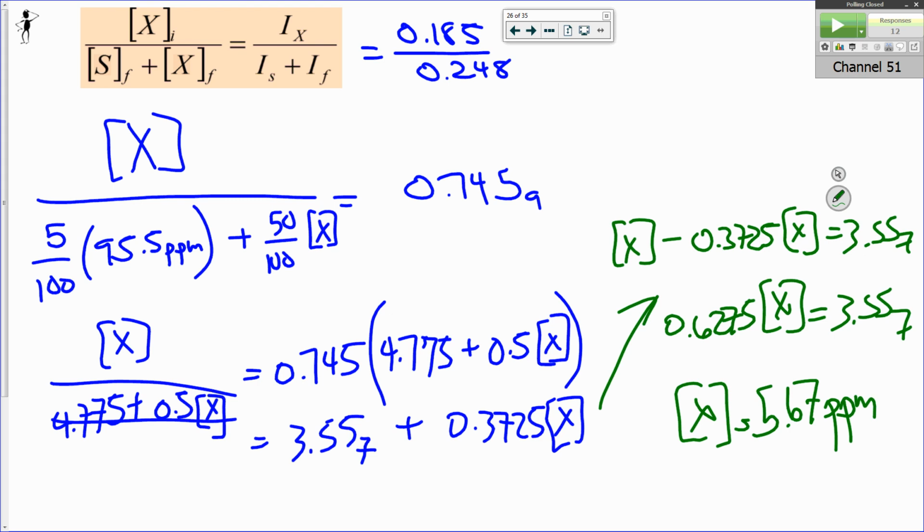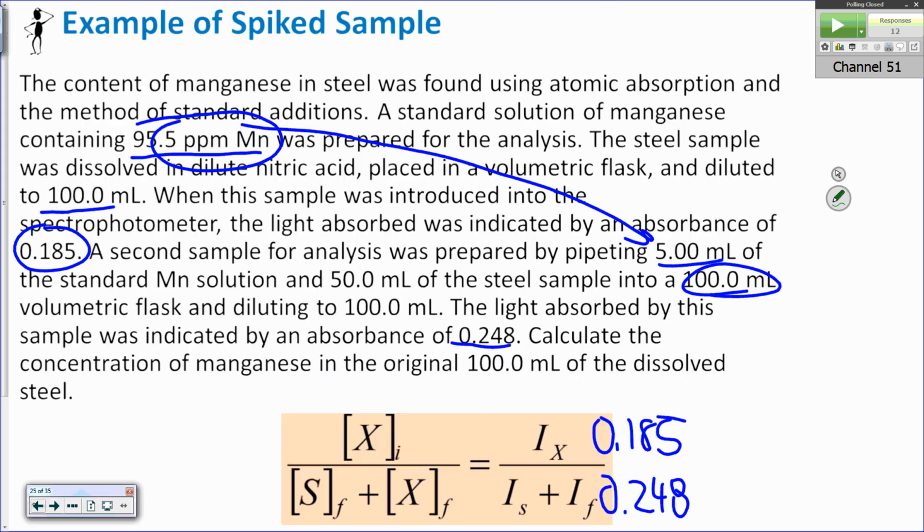Okay. So it's just a little algebra problem. The key thing is realizing what to put into the equation. How'd you get the dilution factor? It's all in the word problem. So let's go back and review that. And that's the tricky thing, setting that up.